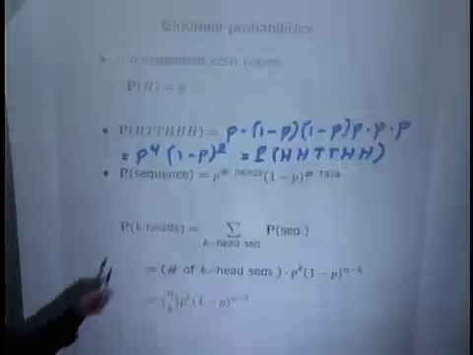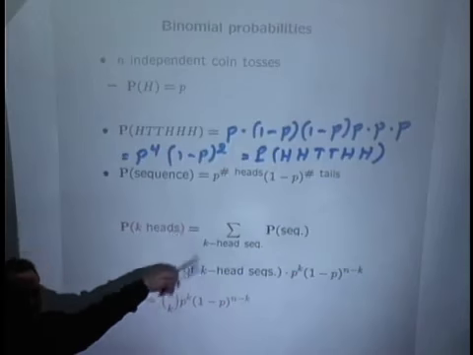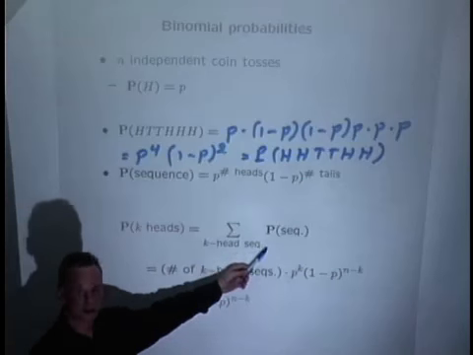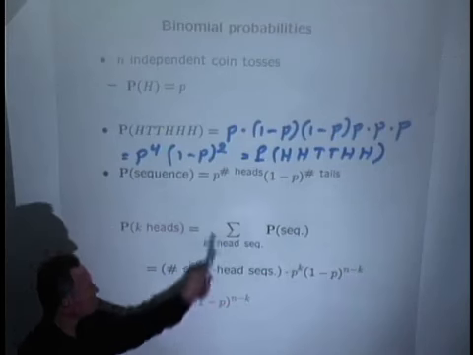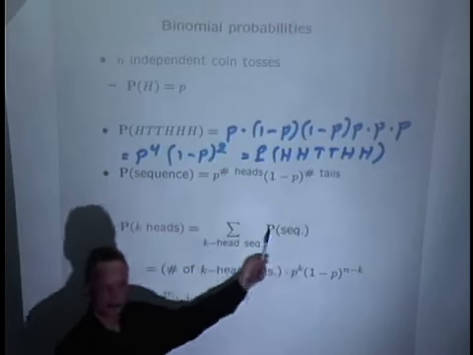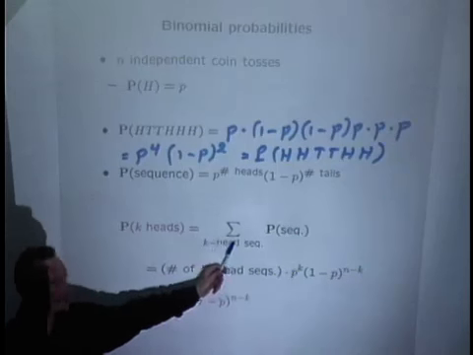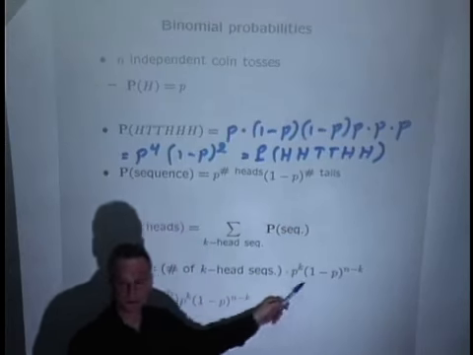The different ways that we can obtain k heads are the different sequences that contain exactly k heads. We just figured out that any sequence with exactly k heads has this probability.